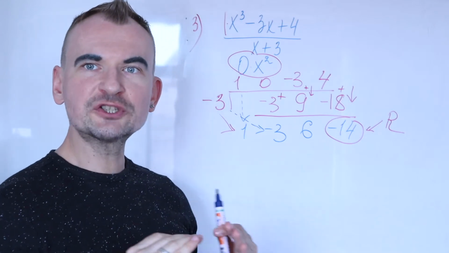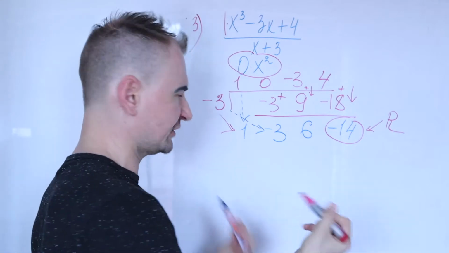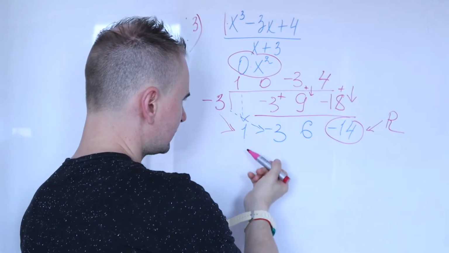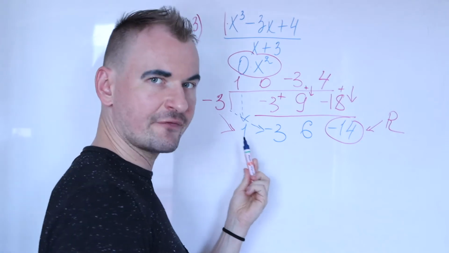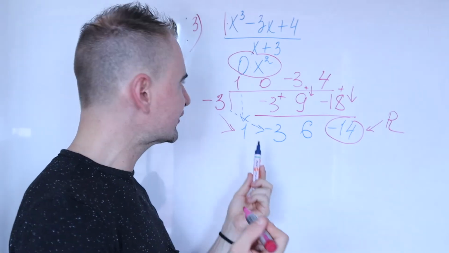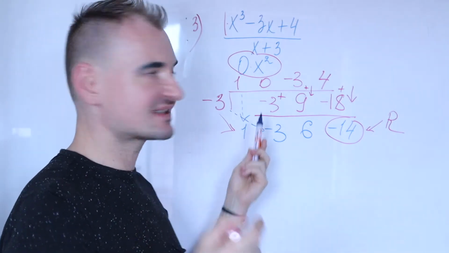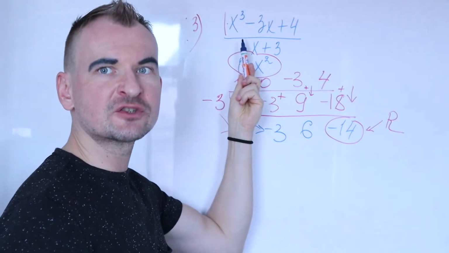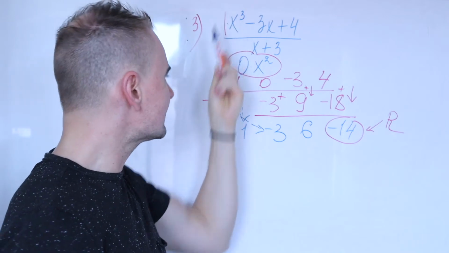Now I'm going to write off my quotient. This first number gives me the coefficient of the x term with power 1 less than the original one. The original polynomial, the dividend, has highest power 3.